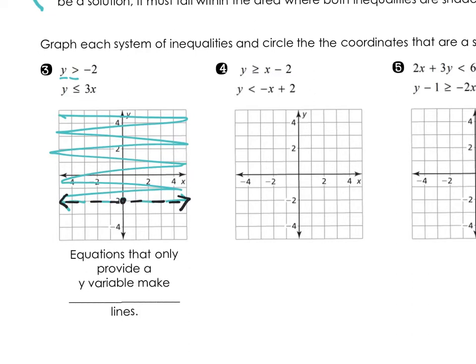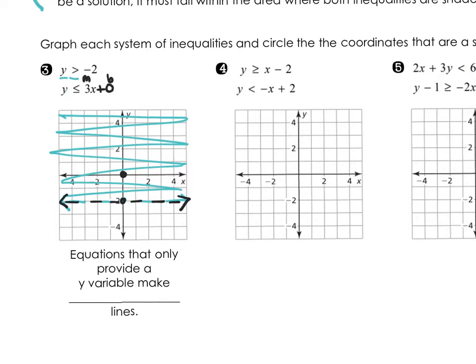Okay, so for my next line, y is less than or equal to 3x. So this one does have the x, so it's basically y equals mx plus b form. But if there's no b, you can think of it as +0. All right, so I'm going to erase this for you. So I'm going to start my line at 0. That is my b.